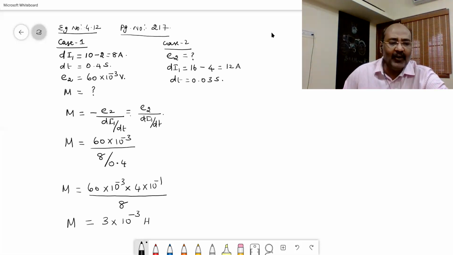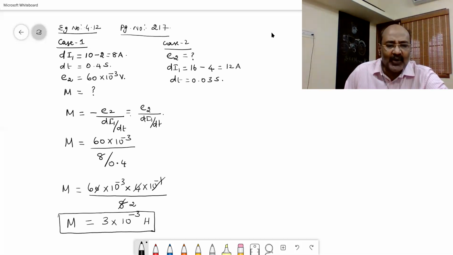This is the value of the mutual inductance between the pair of coils. You can simplify directly: the 10 to the power of minus 1, this 4 and this 8 cancel, so we get 6 divided by 2 is 3 into 10 to the power of minus 3 Henry.